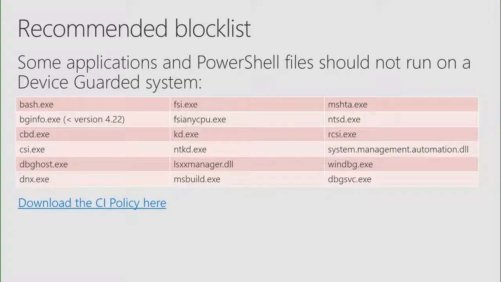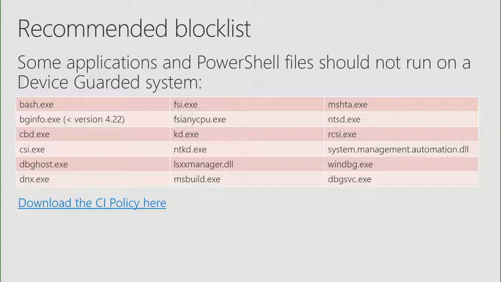When you have scanned it and you have this first initial XML file, then Microsoft says, well, it's a good idea if certain binaries for Windows cannot run on your system. And Microsoft has created a list of recommended programs that you should not run on a DeviceGuard protected system.